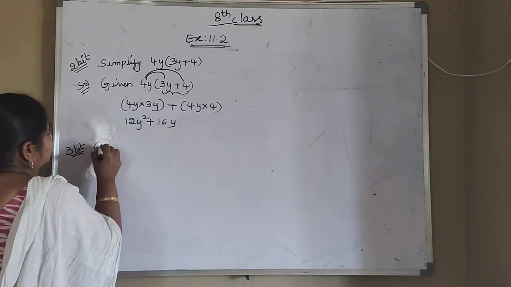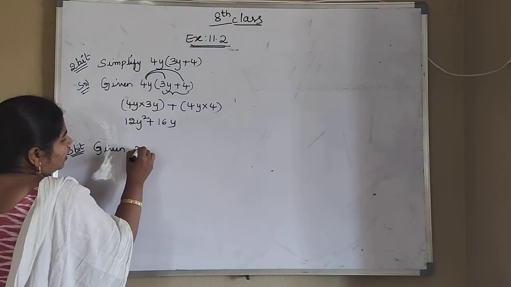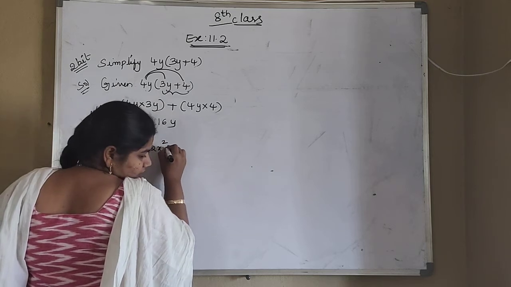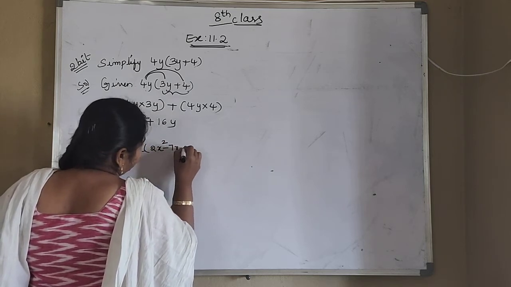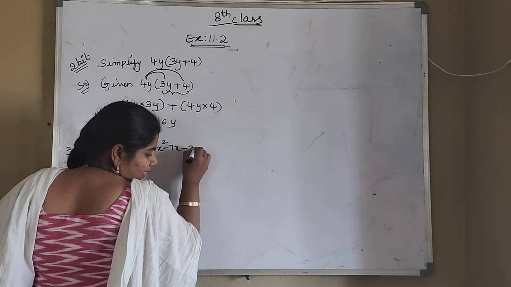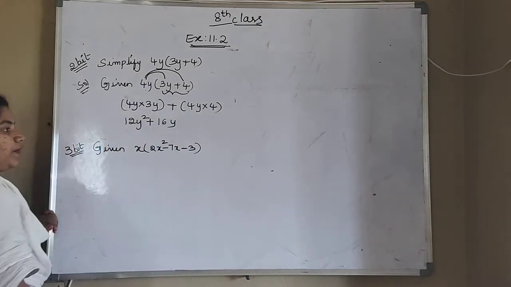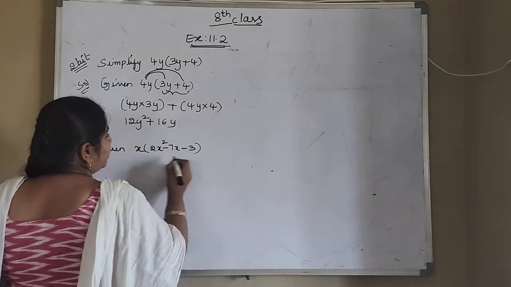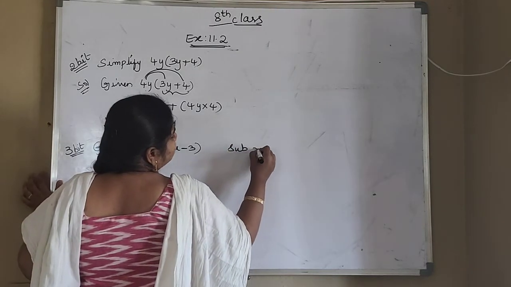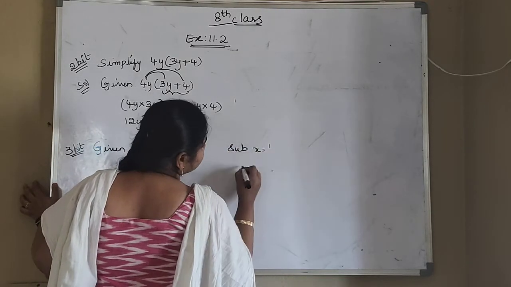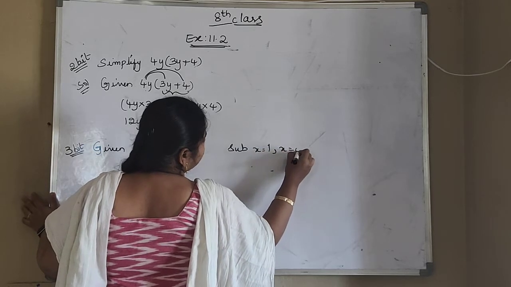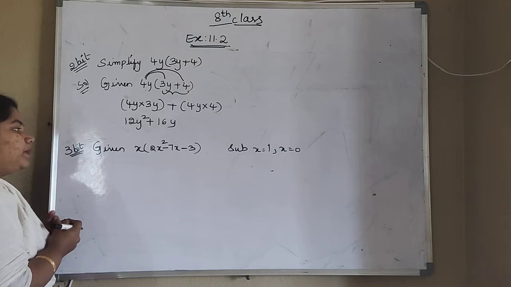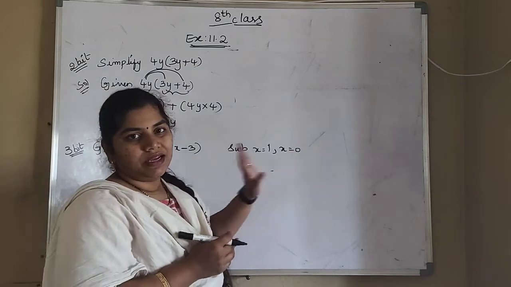They have given x into 2x square minus 7x minus 3. We have to substitute x equals 1 and also x equals 0.